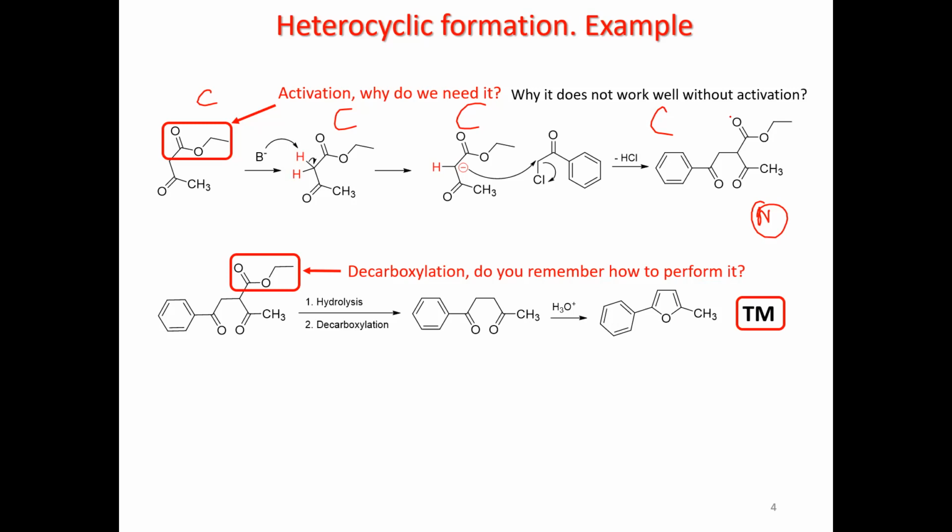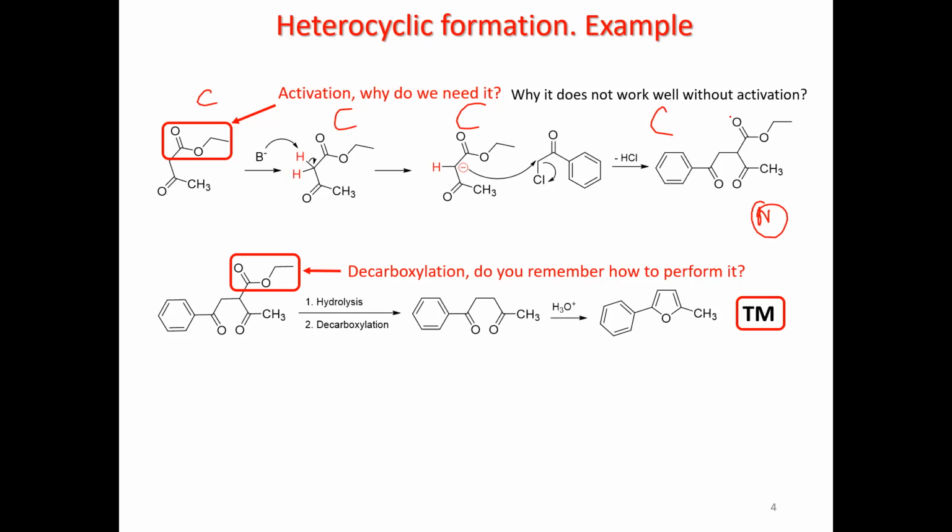The decarboxylation, because then eventually you need your furan, a substituted furan. And if I just gave you at the beginning this target molecule, you have a substituted furan. You have one substituent in ortho position to the oxygen, which is different from the other substituent on the other side of the oxygen.